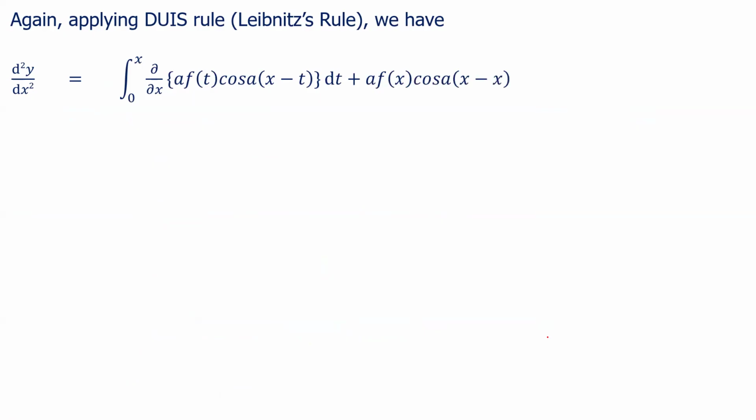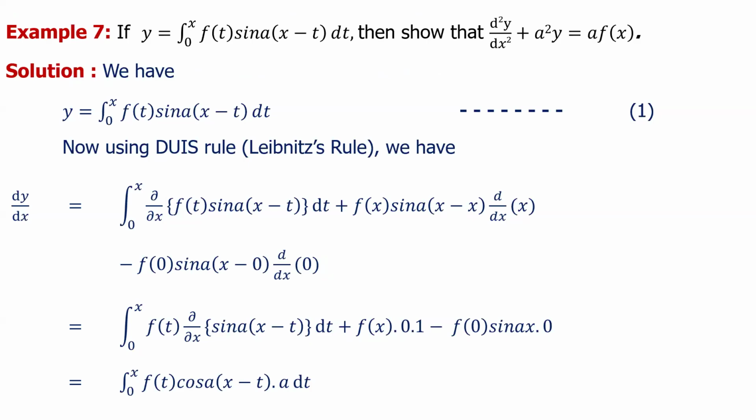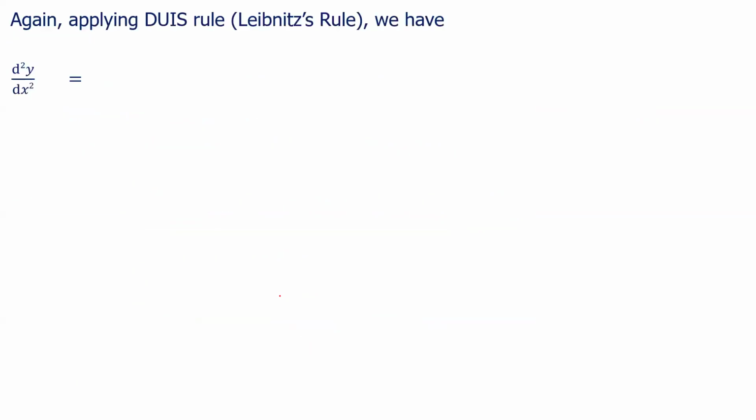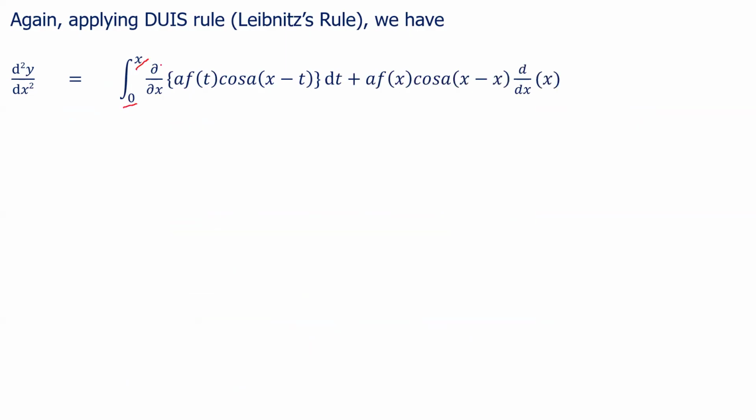So what we have now, this one, f of t a cos a x minus t into a, this is what? This is our f of x alpha. So we apply the same formula over here. So what will happen? d2y/dx square is integration under the limit 0 to x of a f of t cos a x minus t. This is f of x alpha over here.